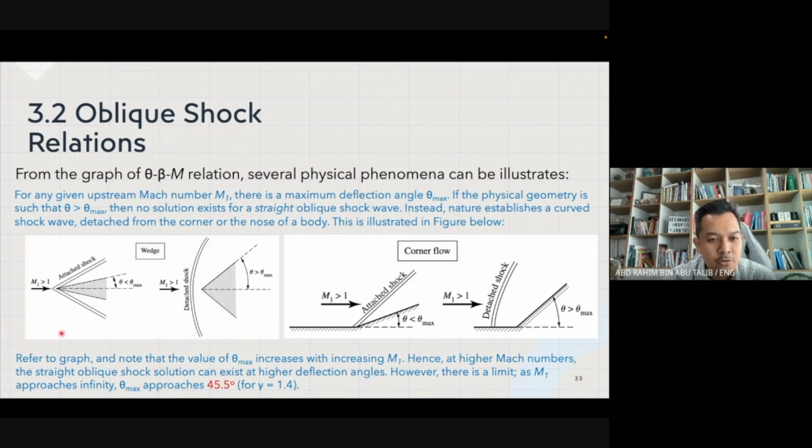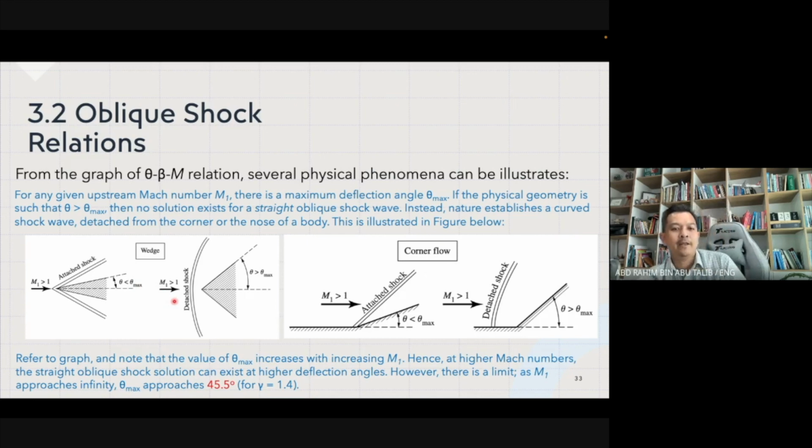If it is a wedge case and the flow is greater than Mach 1, you can see an attached shock where theta itself is less than theta max.